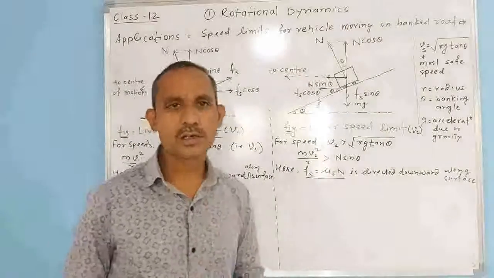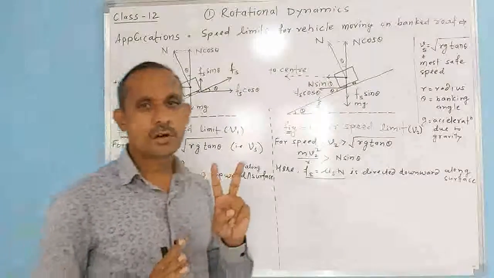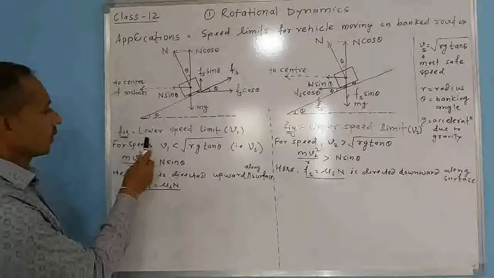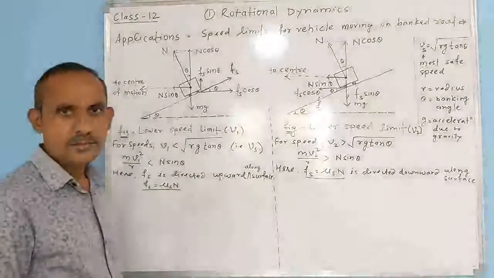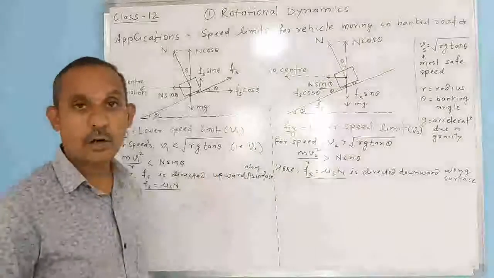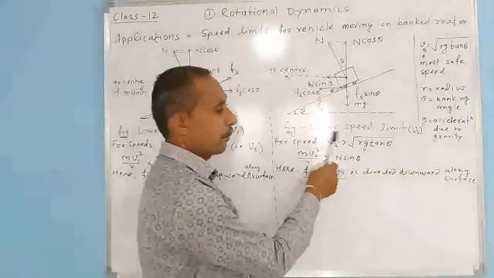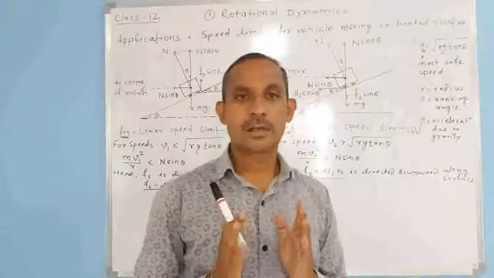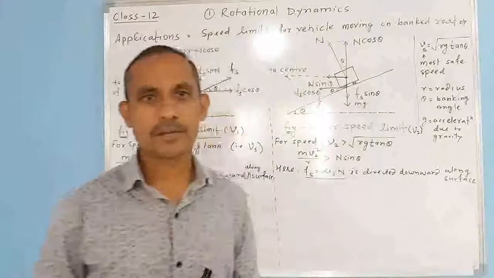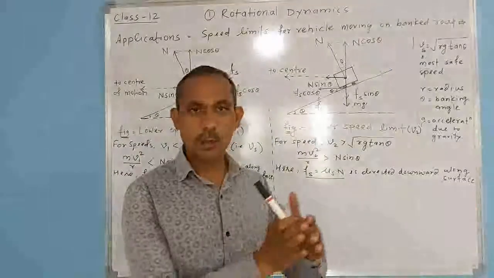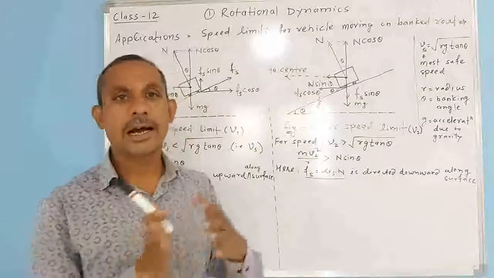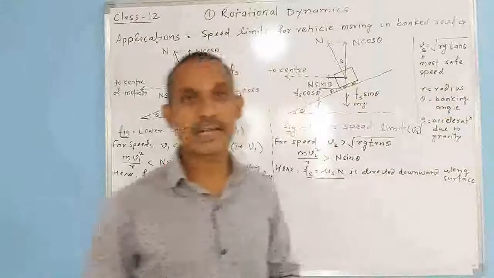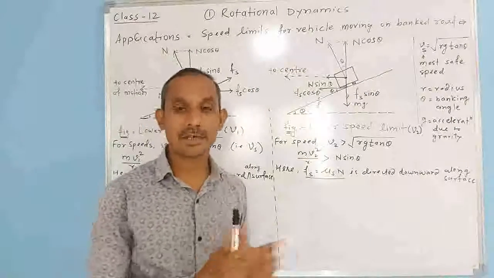So we can solve for two speeds or velocities: the lower speed limit, generally indicated by V1, and the upper speed limit, indicated by V2. For the given banked road, the vehicle can move with lower speeds or higher speeds than the most safe speed.